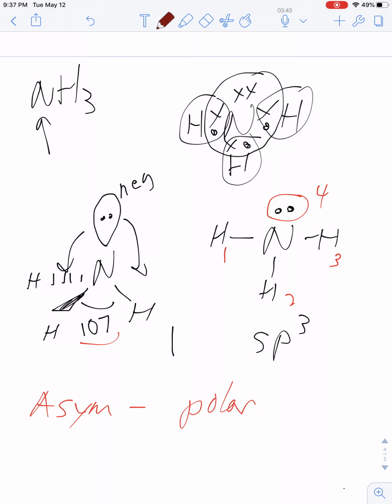Polar means that one side of the molecule is different than the other side. Poles mean opposites. Okay? So since there are electrons on this side, the molecule looks negative. And we have a fancy Greek letter for it. It's called lowercase delta. We say it's got a partial negative.